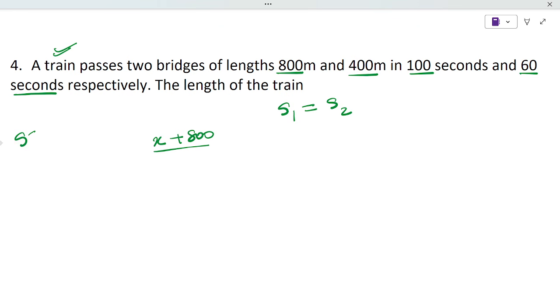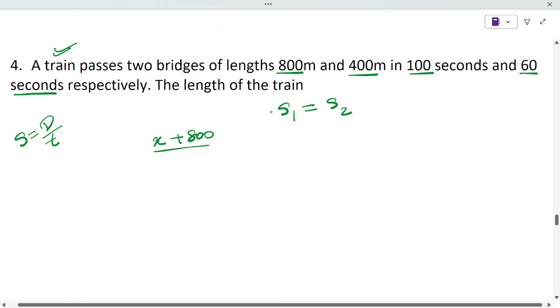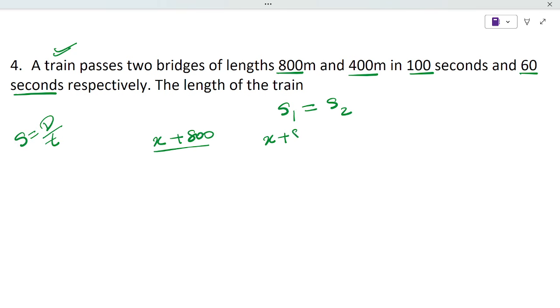We know the definition of speed is distance by time. Since we don't know the length of the train, we use x plus the first bridge 800 meters, divided by time 100 seconds, is equal to x plus the 400 meter bridge divided by 60 seconds.